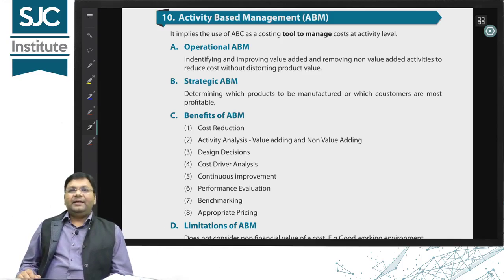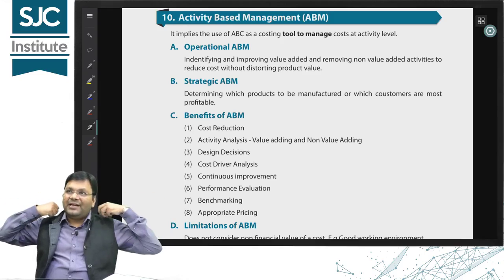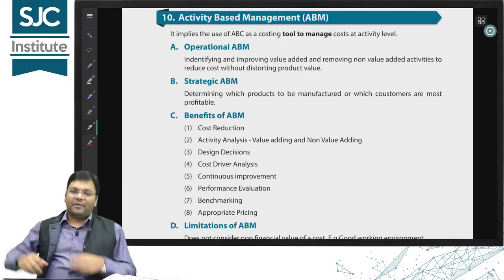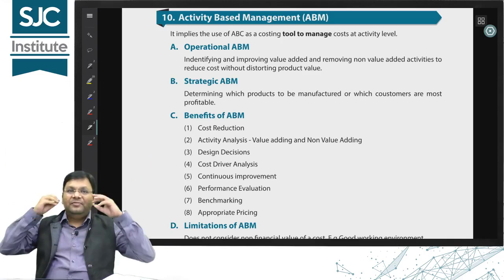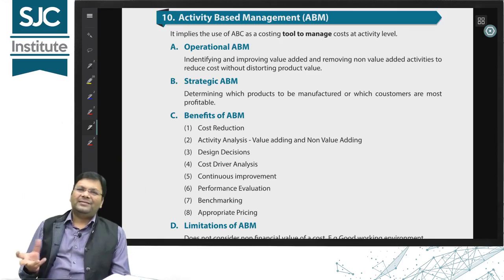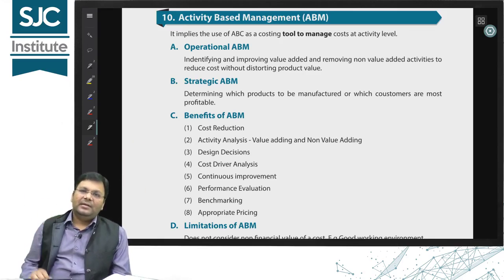You can say ABM is a broader concept which is connecting the future of the company, from whatever happened in the past, with the long-term strategy of the company. ABC is a kind of a regular exercise that may happen continuously as and when products are produced, but ABM is not very continuous.